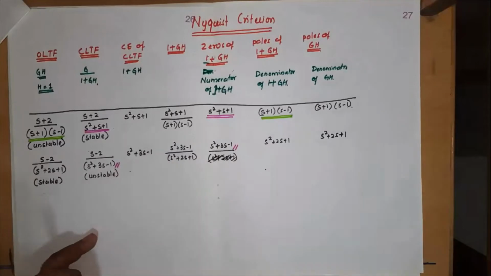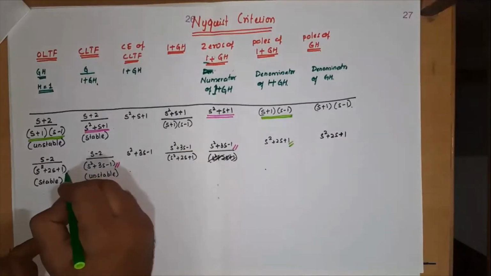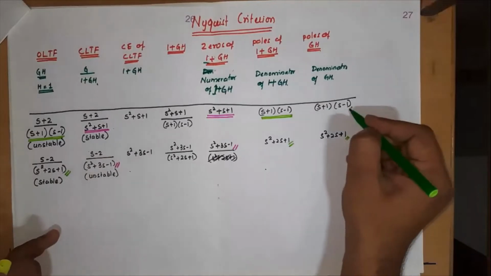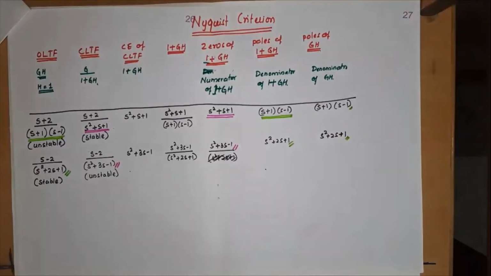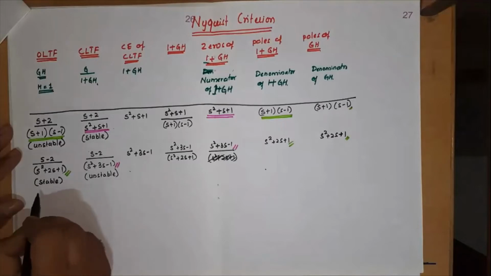So now comparing pink with pink and green color with green color, they are the same. So here the open loop transfer function is stable, but the closed loop transfer function is unstable. We can't help that; system dynamics is like that. If it is stable in open loop, it is not guaranteed to be stable in closed loop.